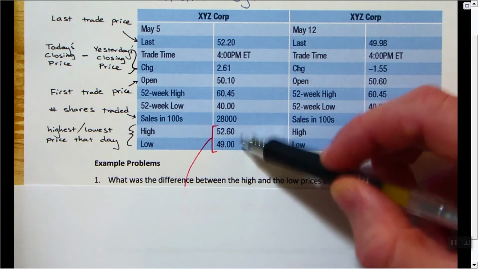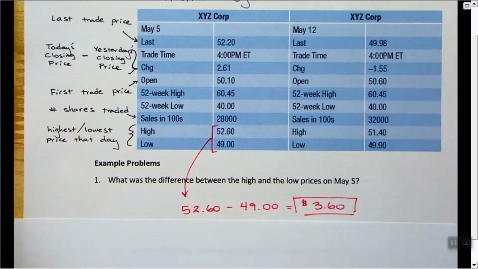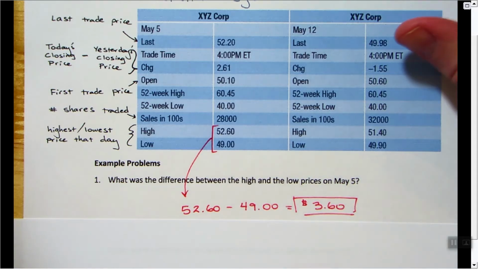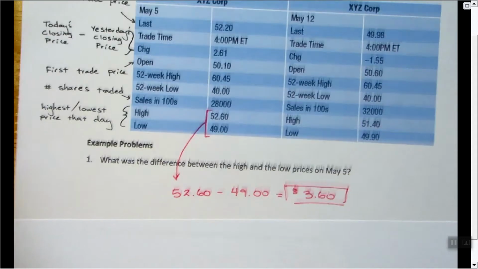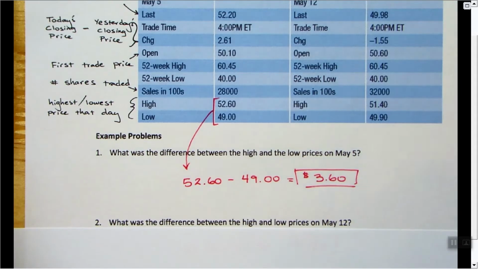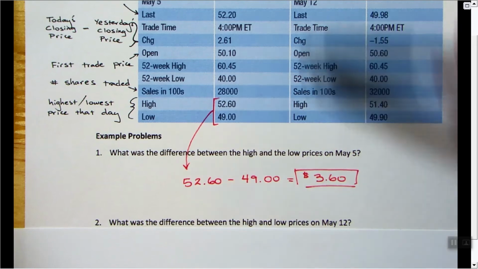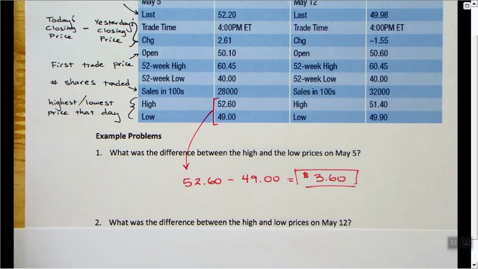You would simply take $52.60 and subtract $49 and you would get $3.60 as the difference between the high and low prices on May 5th. A similar question is, what is the difference between the high and low prices on May 12th? You can pause the video at this point and try to figure out what that difference is for May 12th. So go ahead and pause the video.